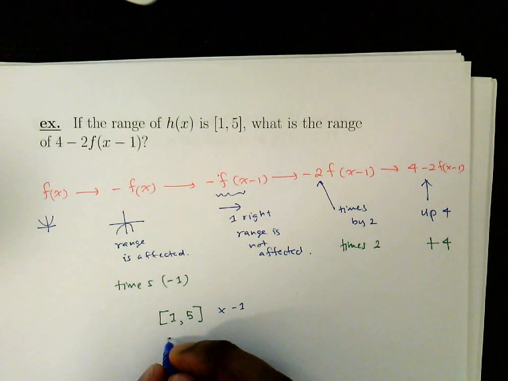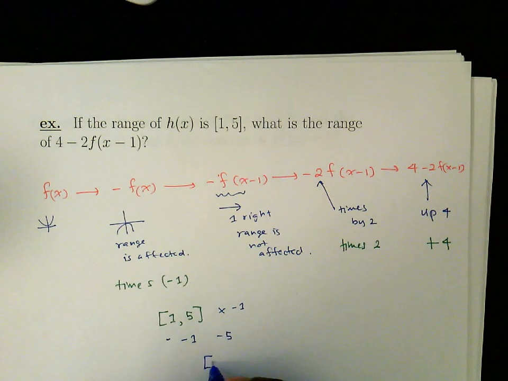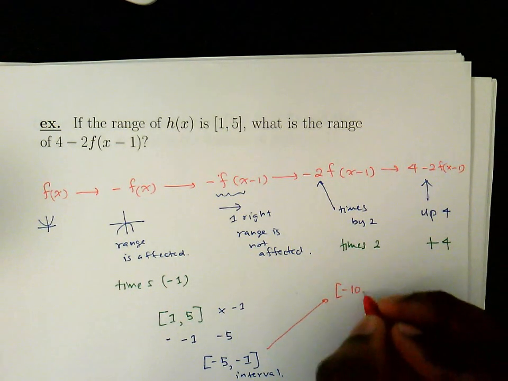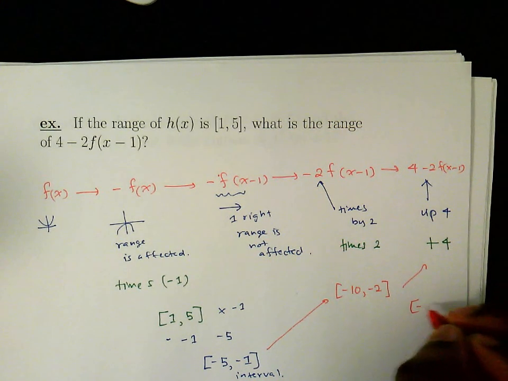So you have -1 and -5, but -5 comes first, so -5, -1. Remember, this is an interval. And then times 2, that would be -10, -2, and then plus 4, that would be -6, 2.